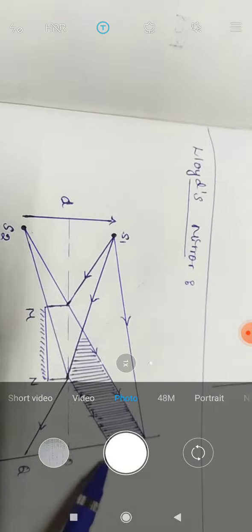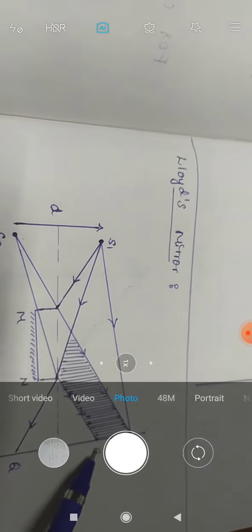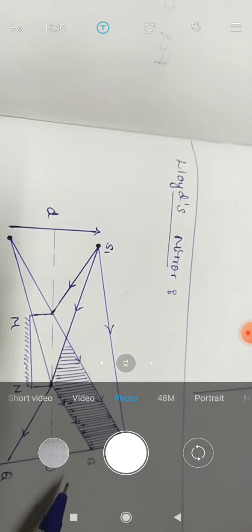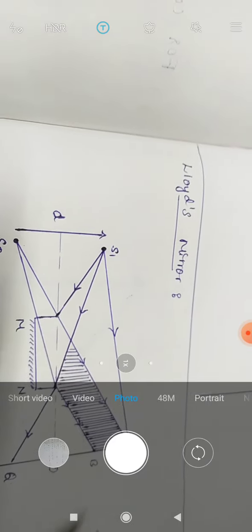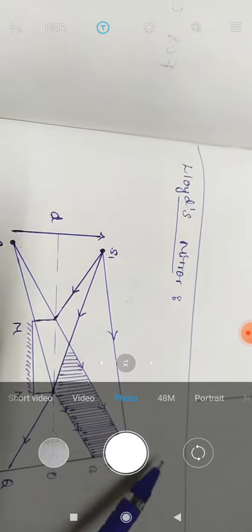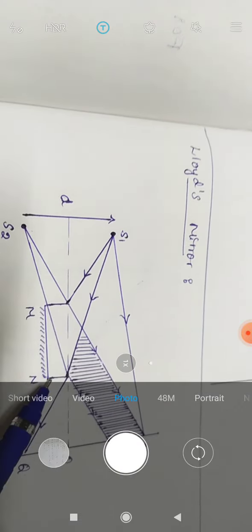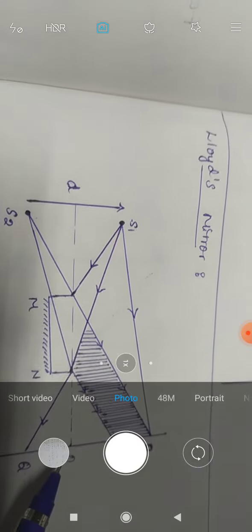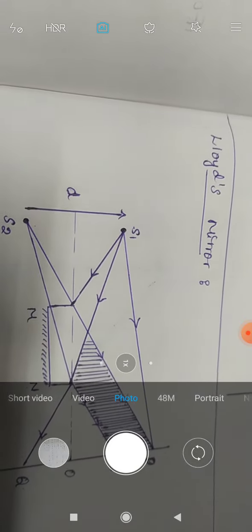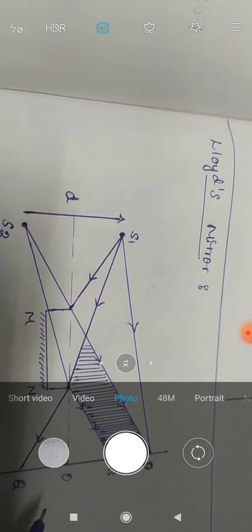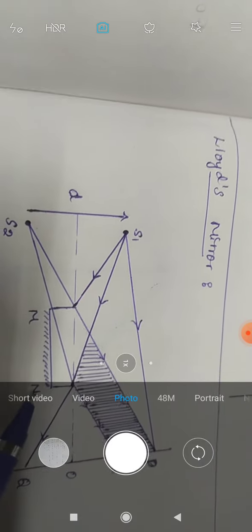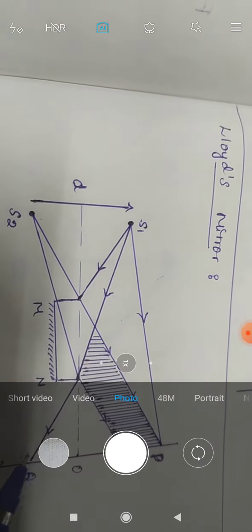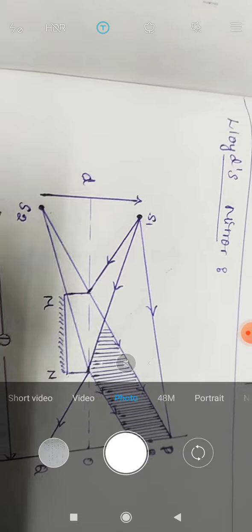The central fringe may be visible by moving the screen towards MN. Suppose we move the screen Y towards MN, we may observe the central fringe. It is observed that instead of a bright fringe, we get a central dark fringe.